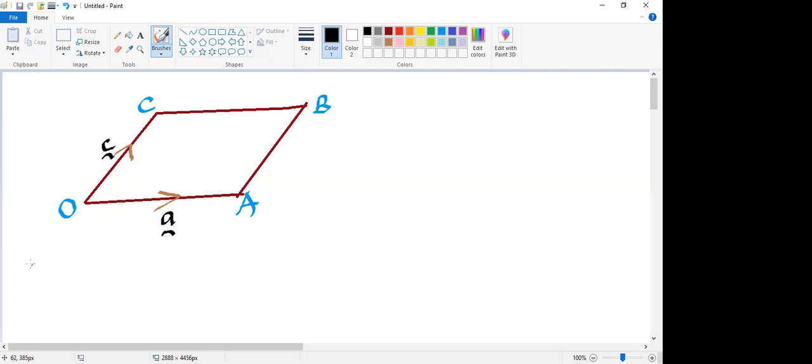The first one being, what is the vector CB, in terms of vectors A and C?